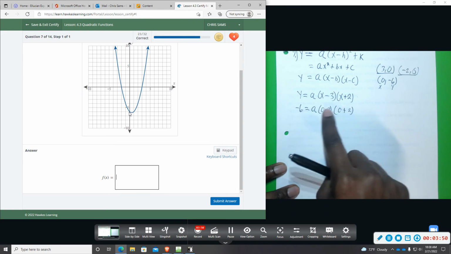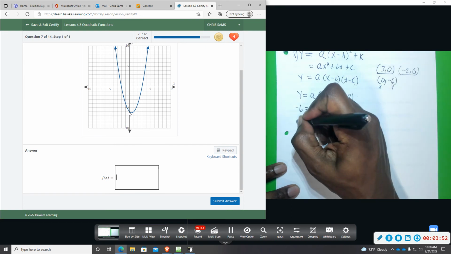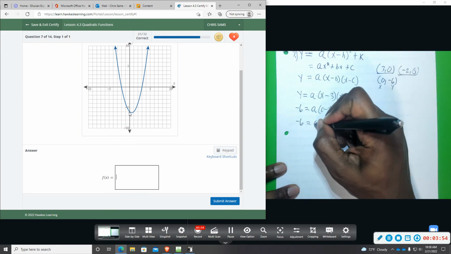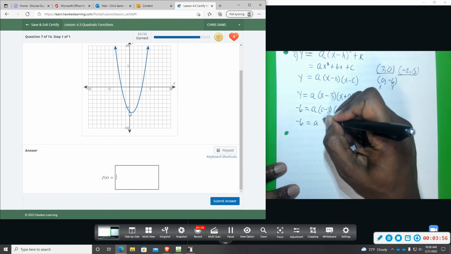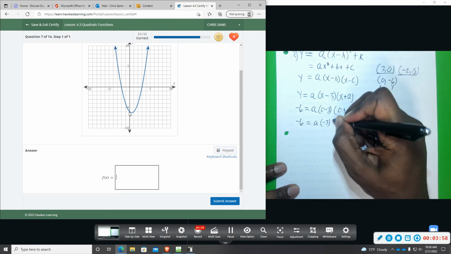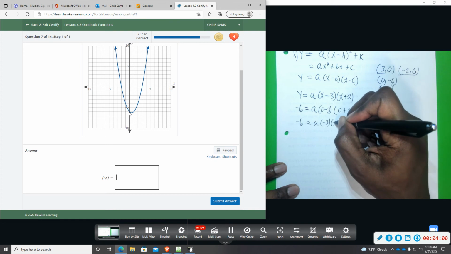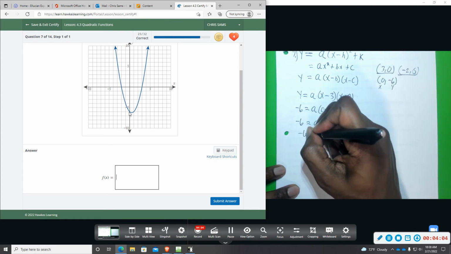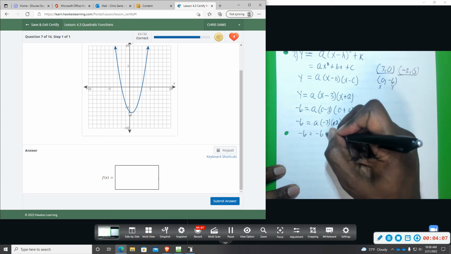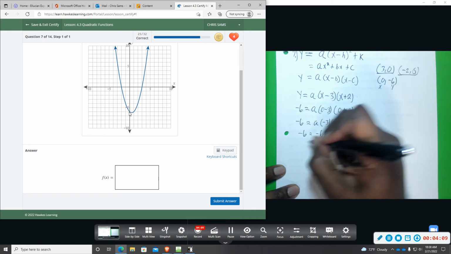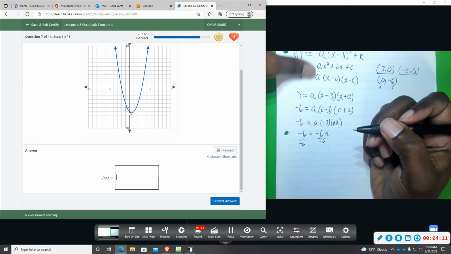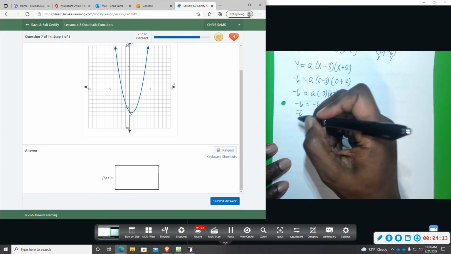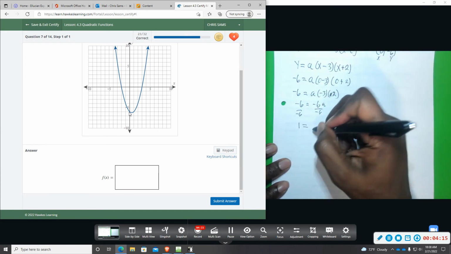You're going to be multiplying negative 3 and 2. So we got negative 6 equals a times negative 3 times positive 2. It's going to give us negative 6 equals negative 6a. Divide by negative 6, and then that will give us 1 equals a.